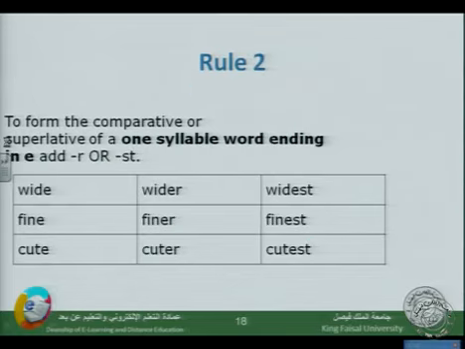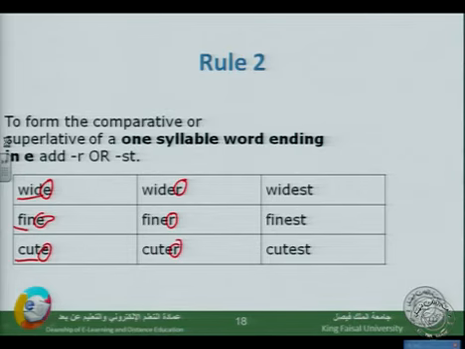Rule number 2, some words end with E. Wide is actually a one syllable adjective, ends with E. Fine is actually the same. And cute, all of them have one syllable, and all of them end with E. In this case, we need only to add R to make a comparative form of these one syllable adjectives.